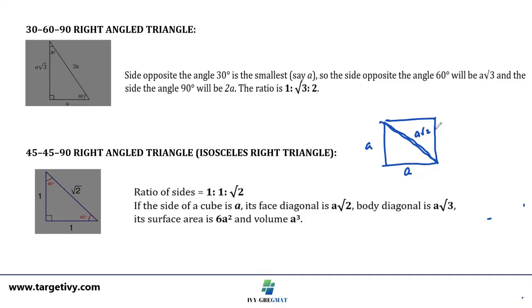Simple Pythagoras theorem, this part is actually the square of these two rooted over. So that's why it's A root 2.